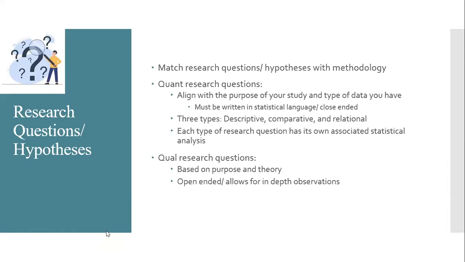That's a baseline relational question. For something like this, we might run a correlation. Whereas we also have predictive relational questions. These are questions in which you want to make a prediction. Does the type of HR information they were exposed to predict whether or not they're going to leave this company?